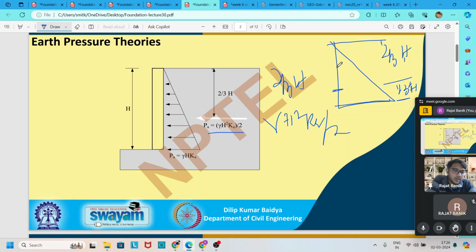So this active earth pressure creates a triangle, the active earth pressure triangle, and this is small p, not capital P. So the force acts at 2 by 3 from the top, and h is nothing but the height of the retaining wall.